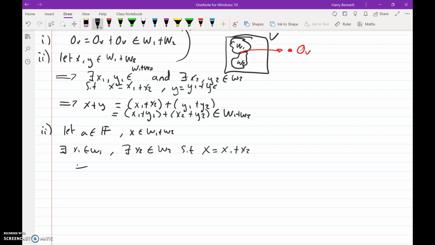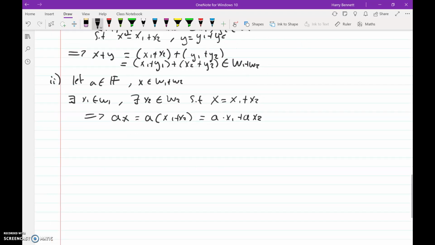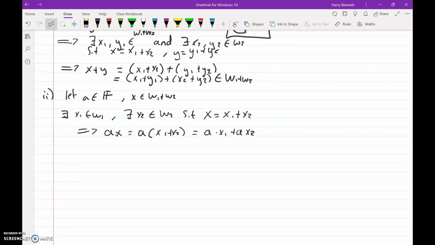Therefore a times x is equal to a times x1 plus x2, which is equal to a times x1 plus a times x2, because W1 and W2 are subspaces, so we can distribute.